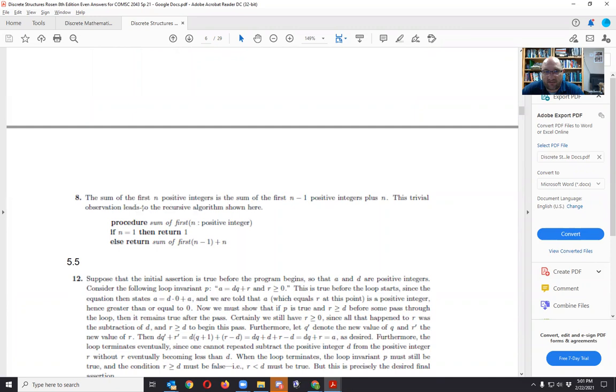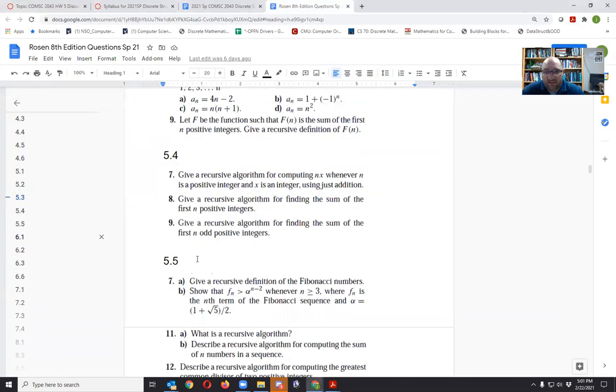Trivial observation leads to the recursive algorithm shown. Sum of n positive integers: if n equals 1, return n, else return sum of first n minus 1 plus n. And then problem 9, algorithm for finding the sum of odd integers.